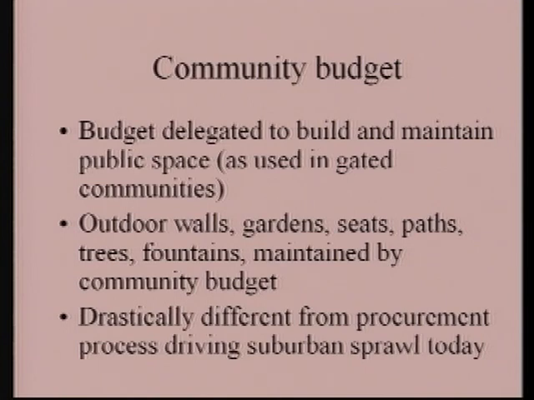Well, we can use that in the poorest of communities to maintain the outdoor walls, the gardens, the seats, the paths, trees, fountains, etc., to build them and to maintain them. And we have to make sure that this money is not otherwise shunted elsewhere. But it's a different problem. The method I'm proposing is drastically different from the procurement process driving suburban sprawl today.